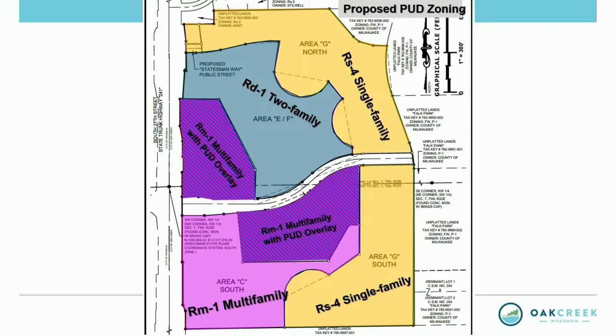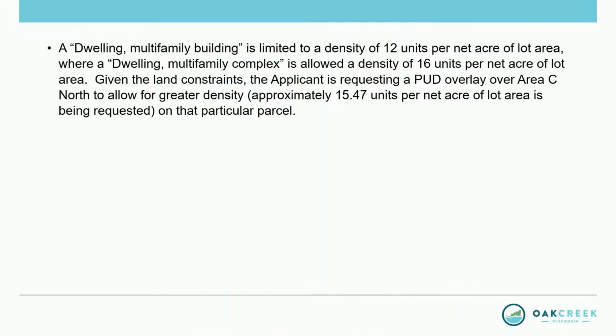So area C North, which is the top left striped area, and then area D is the middle multifamily PUD overlay. We'll discuss first the very top left, which is the multifamily 3-story apartment buildings.